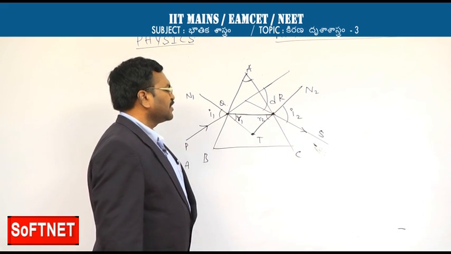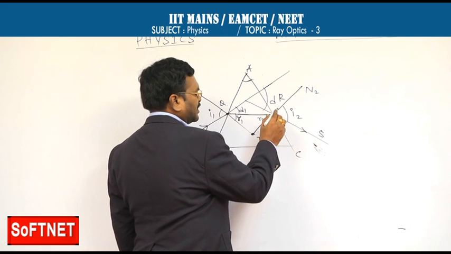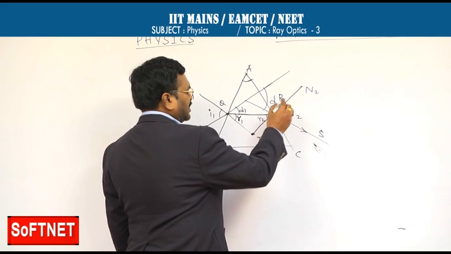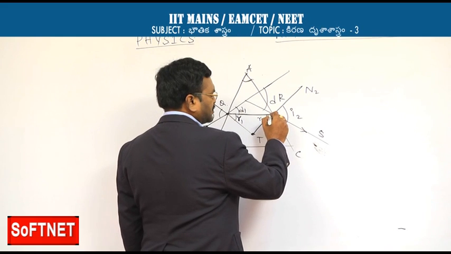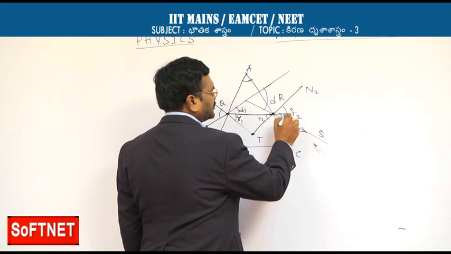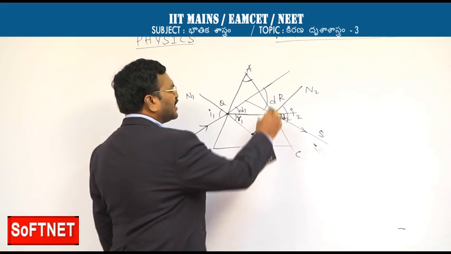So now here deviation how much? Here deviation D1. Here again deviation is like this. This is deviation D2. So on the time total deviation how much?